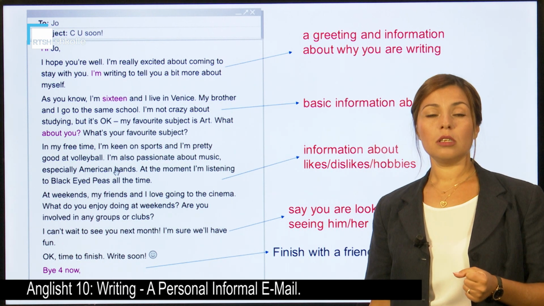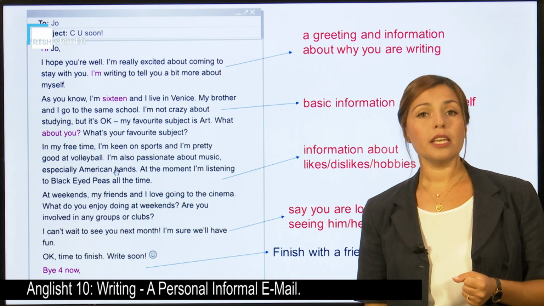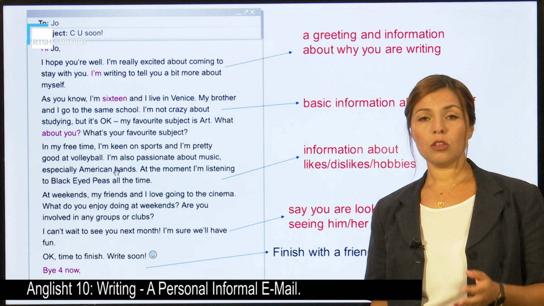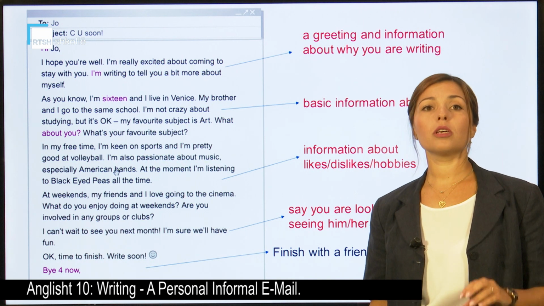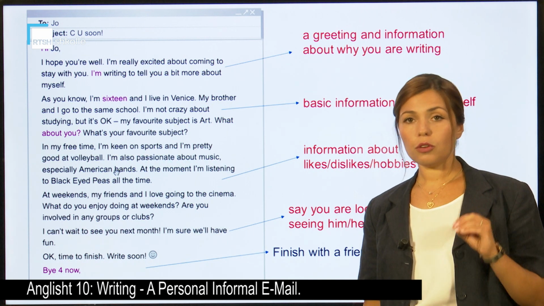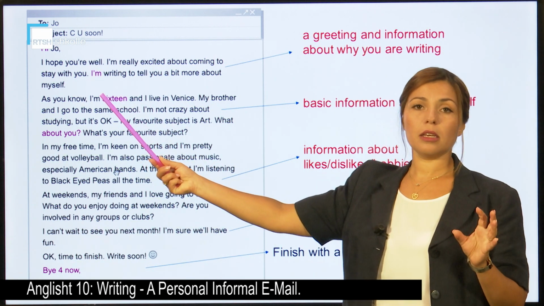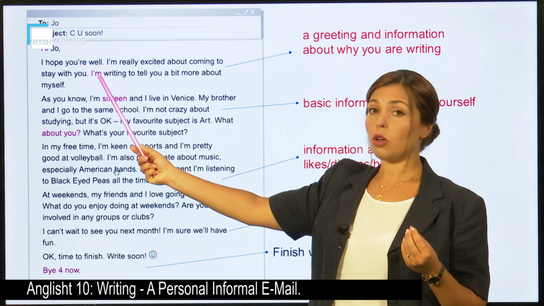Of course, as you can see, the style is informal. Don't forget, you're writing to a friend, so it is informal. What are you going to be careful about? First of all, you use very simple vocabulary. Hi. You use contractions: I'm, not I am.